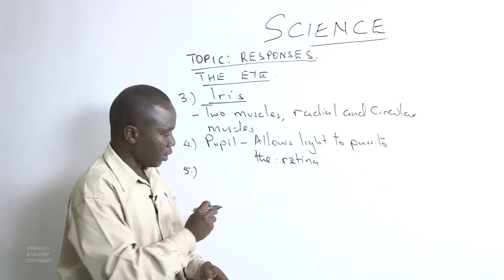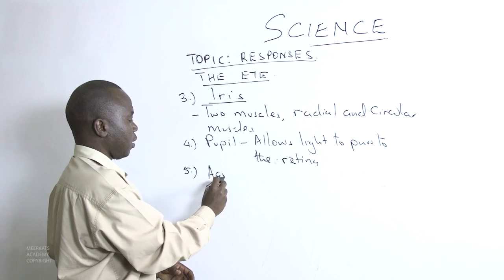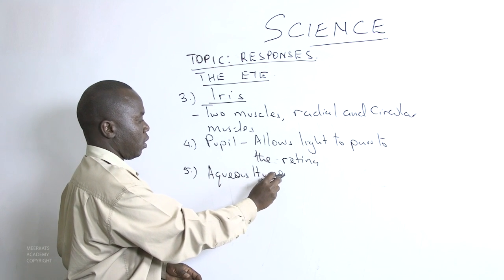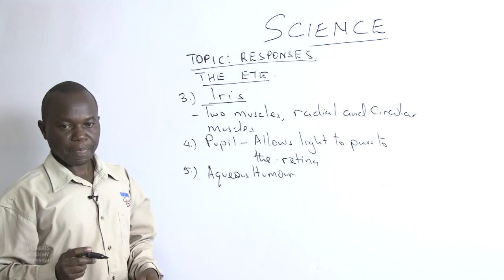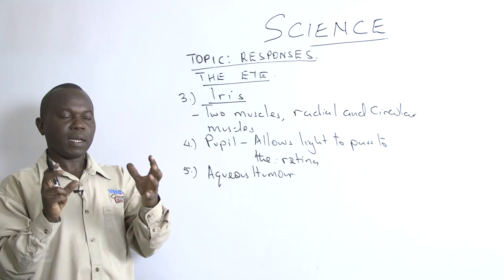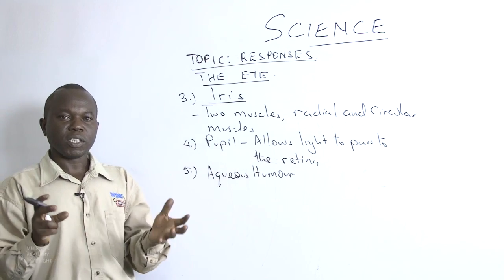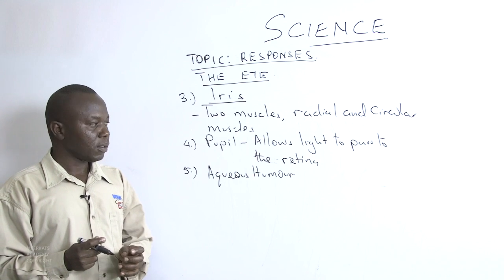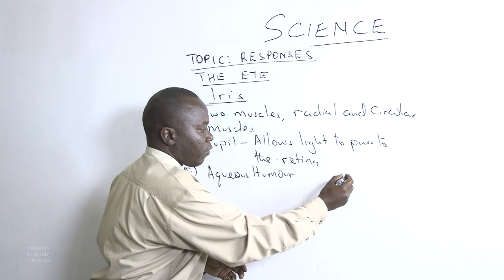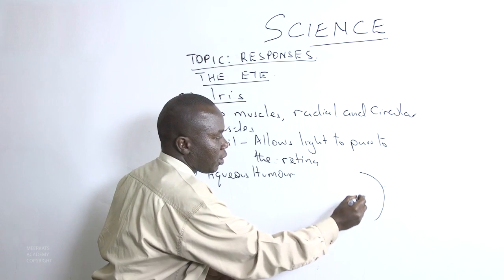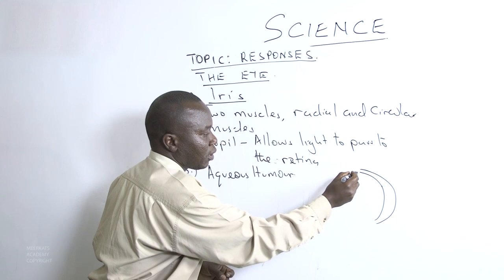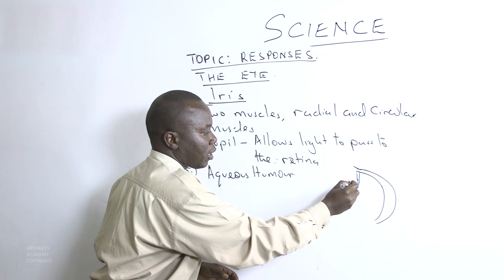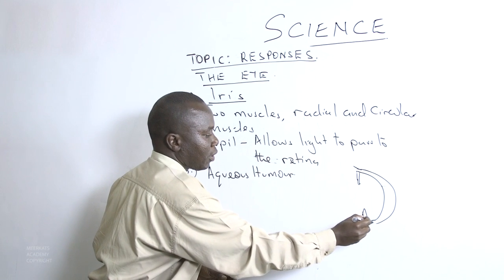The other part is the aqueous humor. Remember when we drew the structure of the eye, we mentioned aqueous humor. Just a reminder, if that's the cornea, the curved area, we shall have the iris at that point, like that.